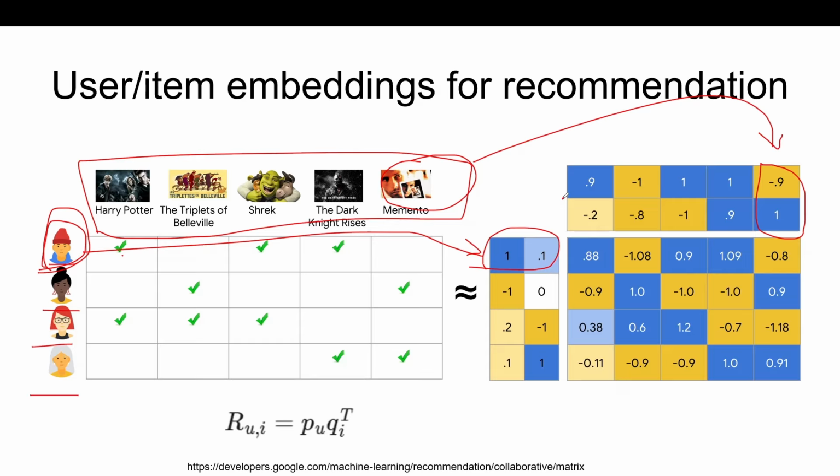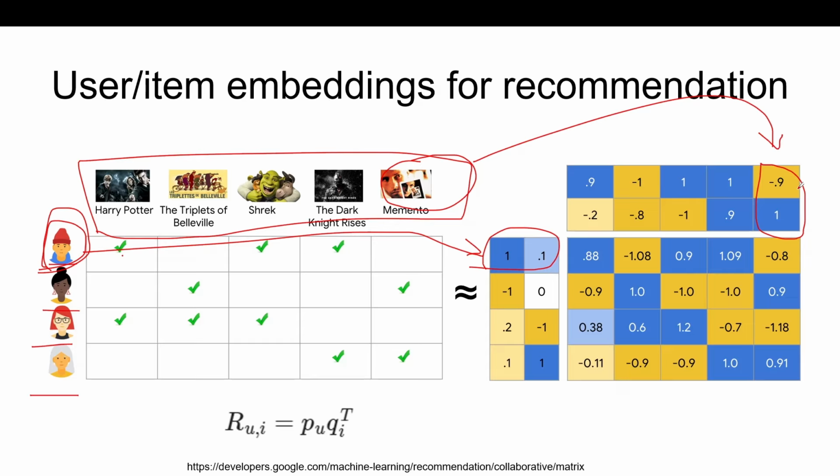And then we can say that the recommendation score is just the inner product between the user embedding and the item embedding. Why is that the case? To understand this, we can say that each dimension of the user embedding represents a specific property, and each dimension of the item embedding also represents a corresponding property.